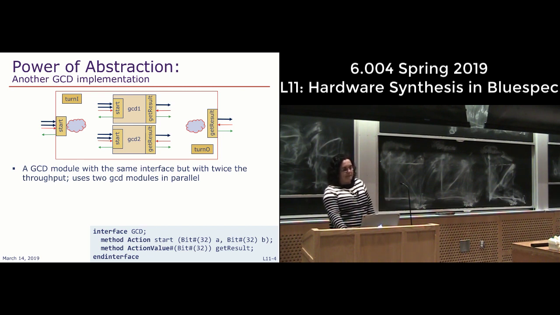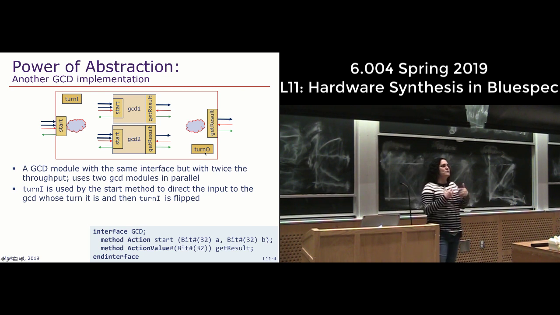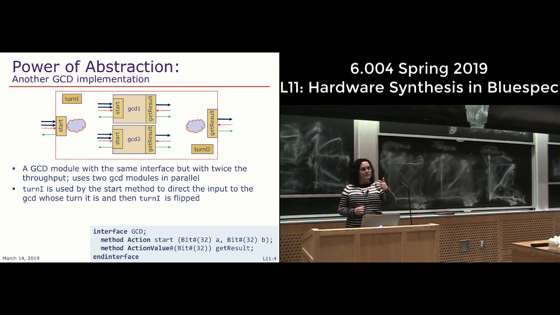Specifically, I'm adding these two registers, turn I and turn O, which basically do the following. Turn I is telling you which of the GCDs should get the input that's coming into this larger module. And turn O is keeping track of which of the GCDs is the one that's ready to send the output out to the world. Okay?